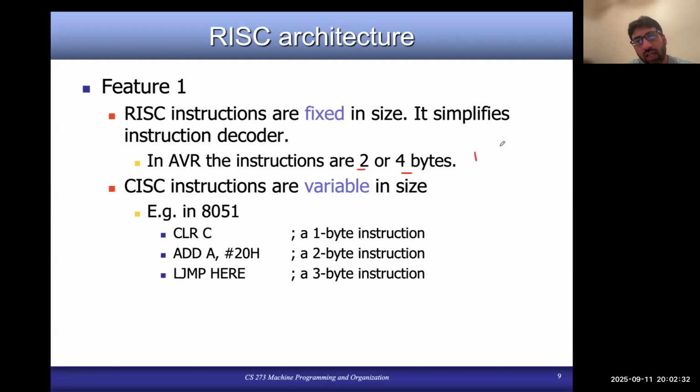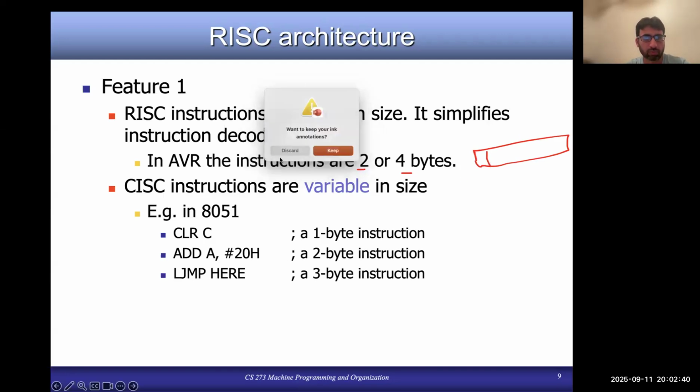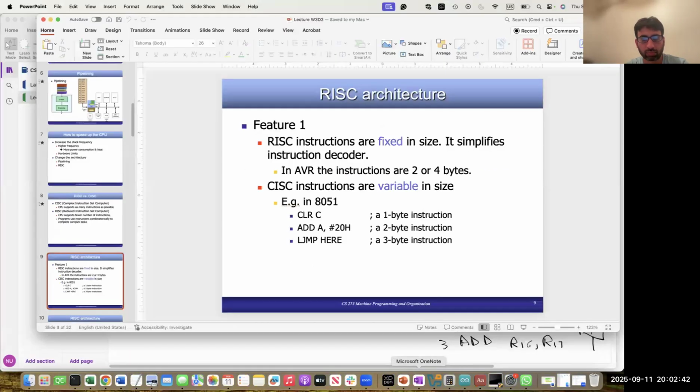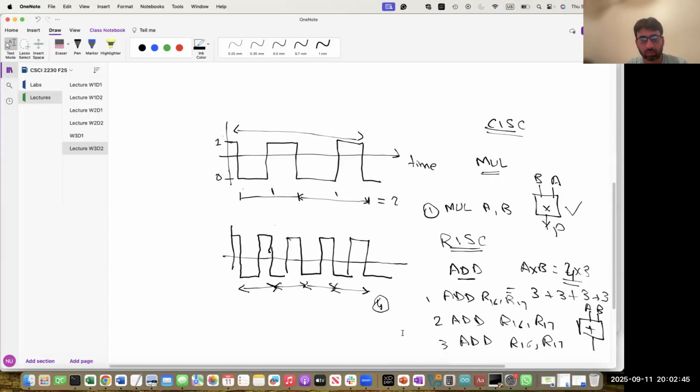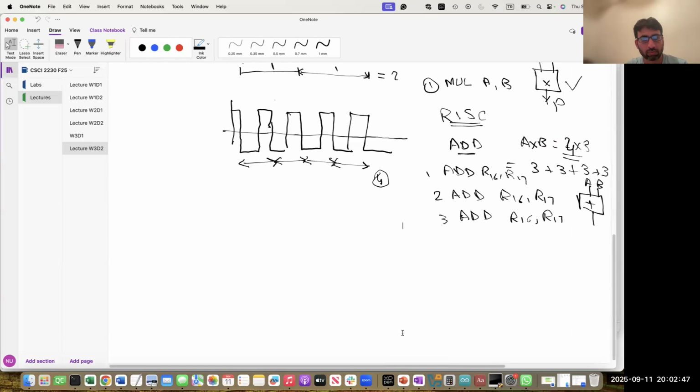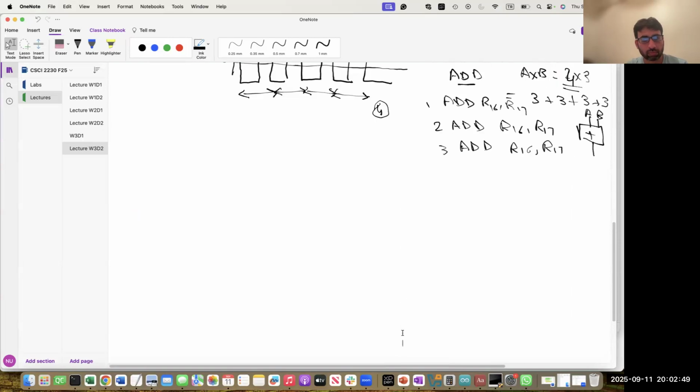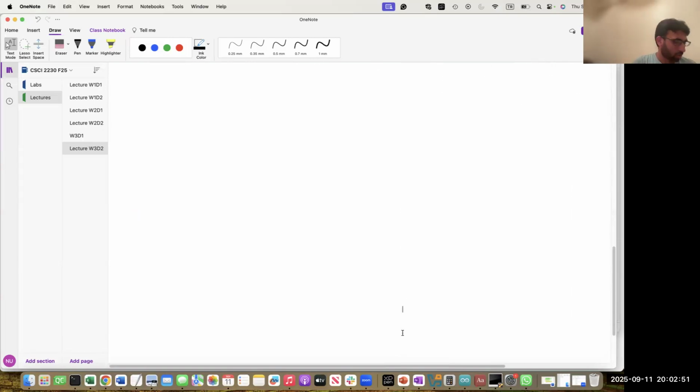So for the majority of the instructions, the size is 16 bits, right? Let me try to give you an example of how it makes it easy to decode the instructions.